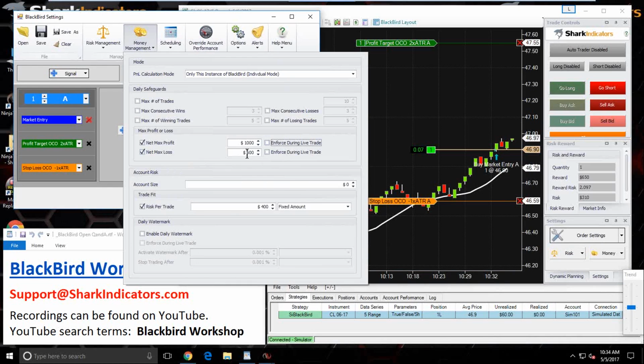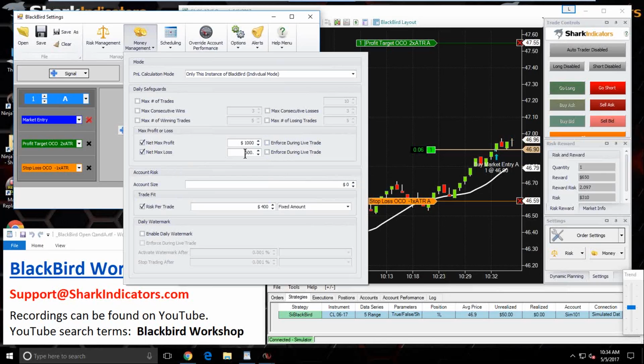Depending on how many contracts you have out there and where your stop loss is, in theory you could end up with a $1,000 loss for the day. Let's say your current loss for the day is $550. Then your next trade is placed on, and it could lose another $500.